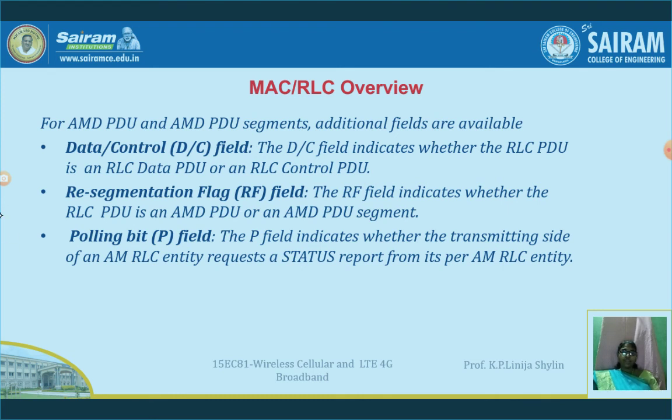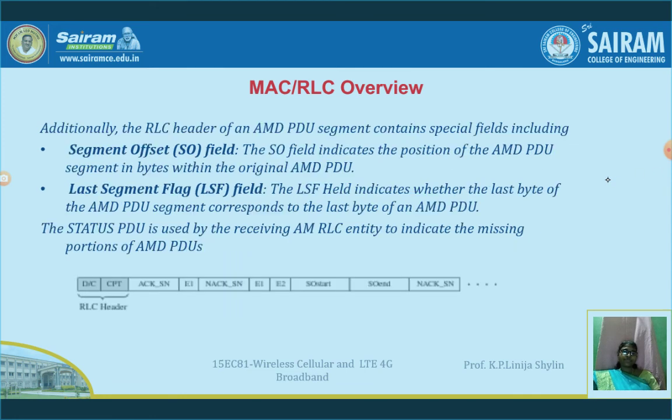In the earlier diagram there is one polling bit, the P bit. It indicates whether the transmitting side of an acknowledgement mode entity requests a status report or not. That is called the polling bit.